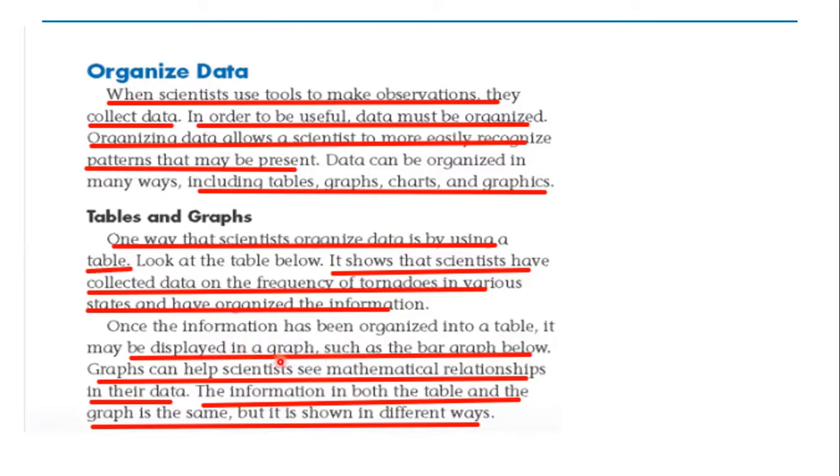It may also be displayed in a graph, such as the bar graph that you see, and graphs can help scientists see mathematical relationships in their data. The information in both the table and the graph is the same, as I told you, but it is shown in different ways.